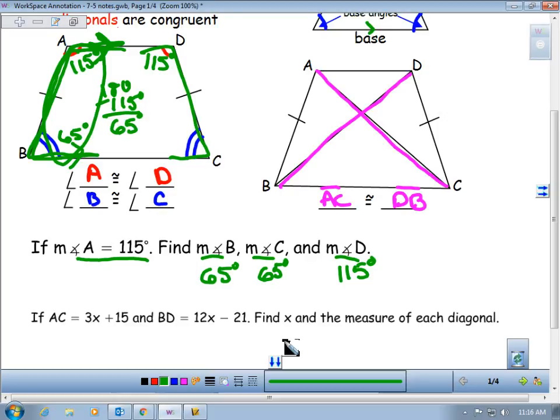No. So you do have some supplementary angles here. It's just not always the consecutive angles. Yes, those are consecutive and supplementary, C and D. But that does not work for all of the consecutive angles.